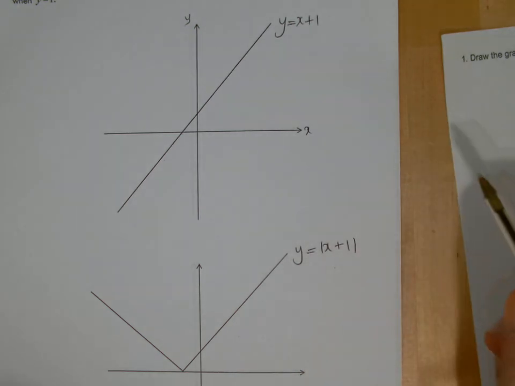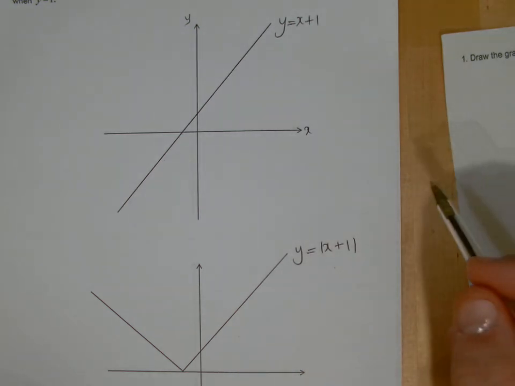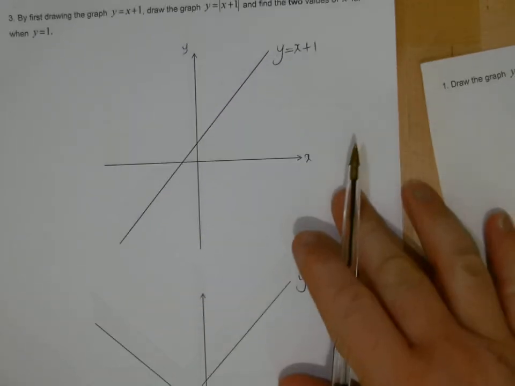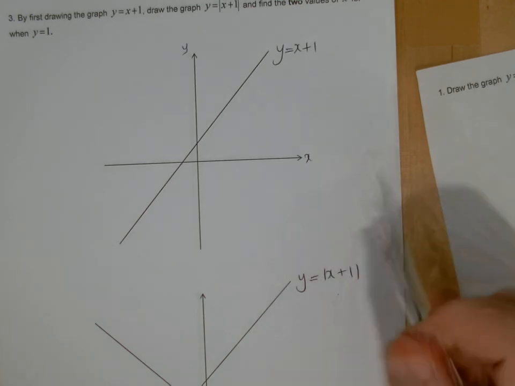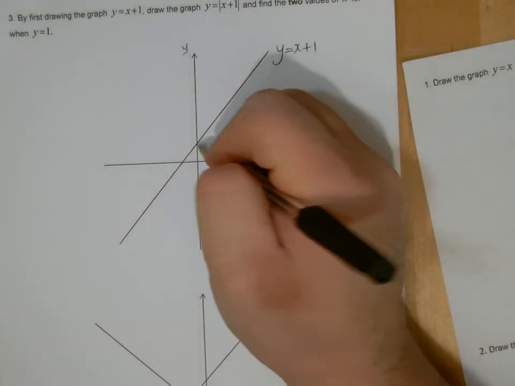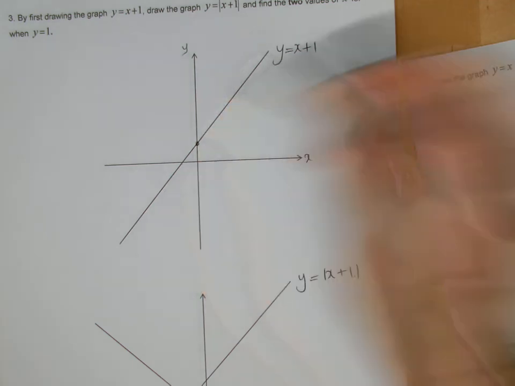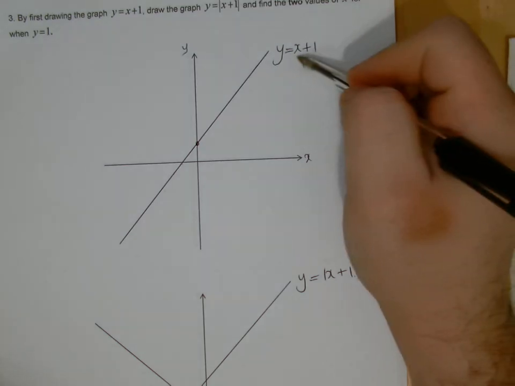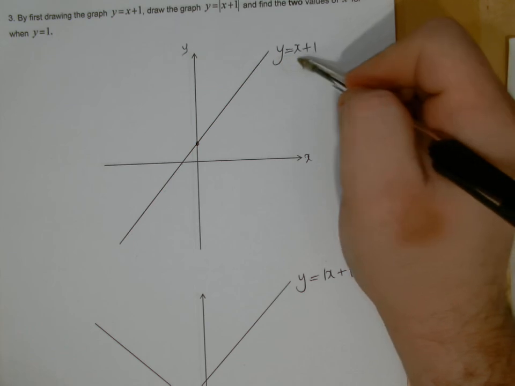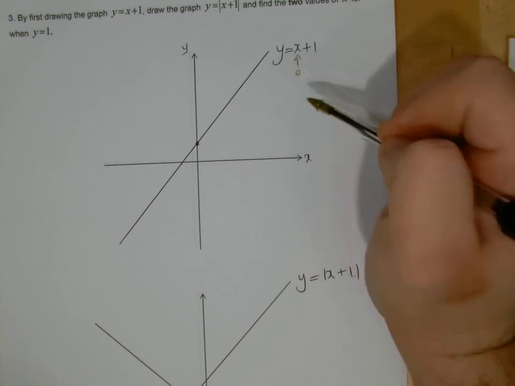So then it says, find the solutions when y equals 1. That's what it says in the question. Well, when y equals 1, if I go back to this graph, y equals 1 is literally here, isn't it? Because y will equal 1 when x is 0, yeah?